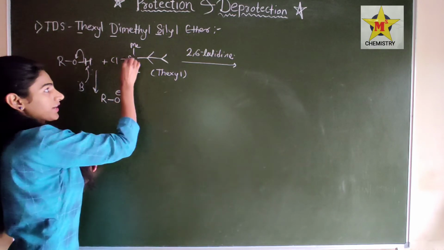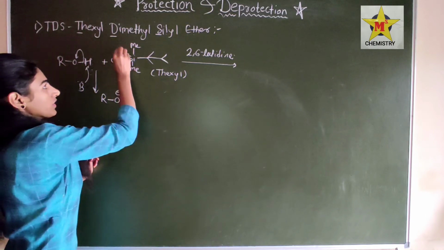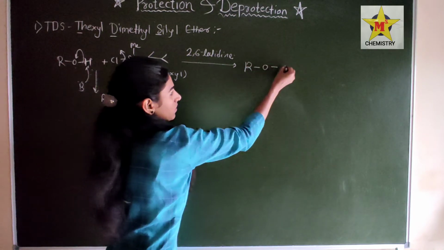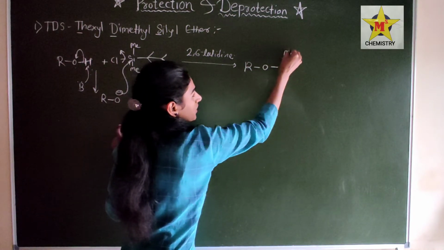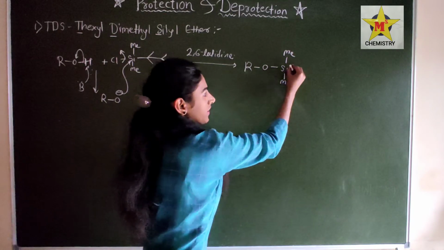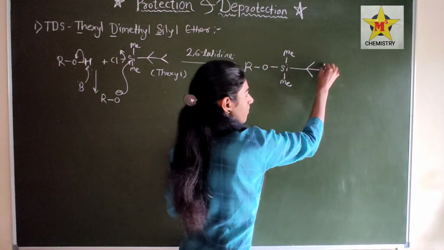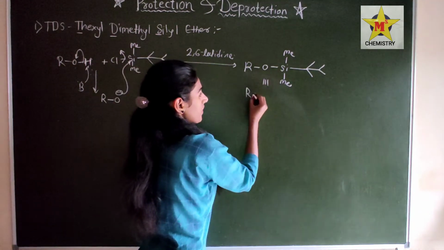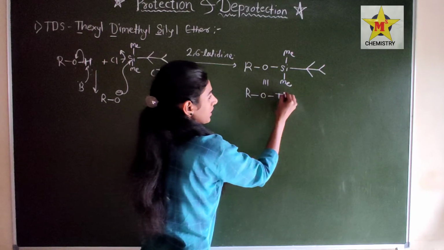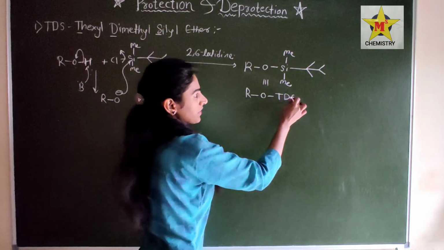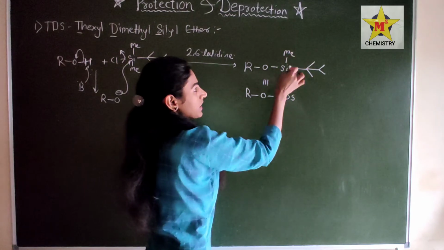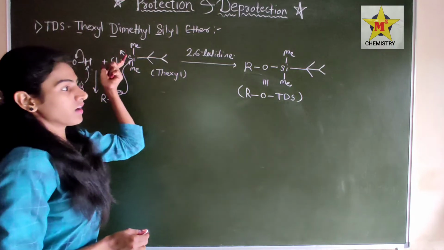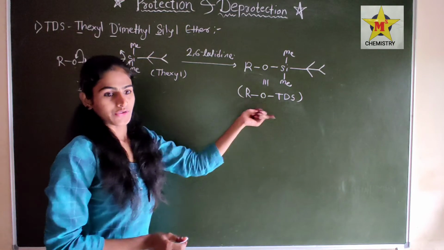This O minus will attach over silicon and chlorine will depart, and there is formation of RO-silicon with two methyl groups and the thexyl group. We can also write it as RO-TDS, the thexyl dimethyl silyl ether. In this way, we can protect alcohol by the TDS protecting group.